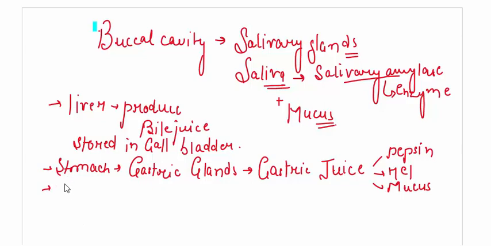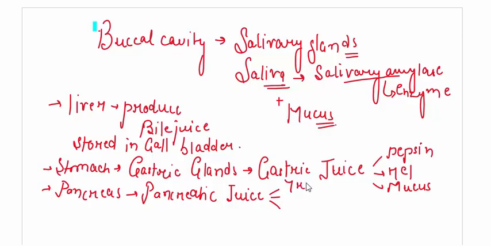After the stomach, we will discuss the pancreas. The pancreas is a gland through which pancreatic juice is secreted, and pancreatic juice contains trypsin, pancreatic amylase, and lipase.